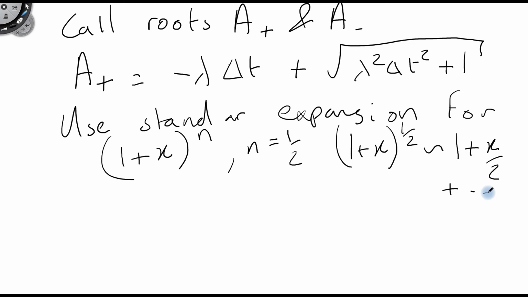So we're just going to use this expansion to get it in a different form. We know the true solution is e to the minus lambda delta t, but I'm going to see if this gets into the same form.